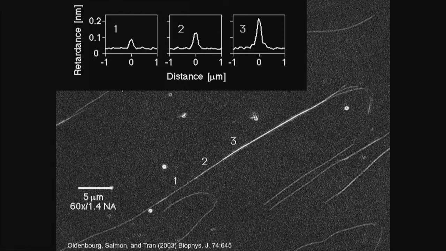These are 2, these are 3, and here they splay out again. And each time, the measured retardance of this thin, 25 nanometer thin object, microns long, steps up in a quantized way.